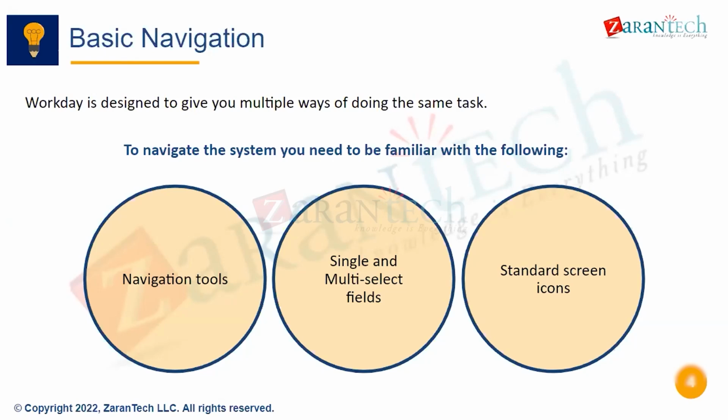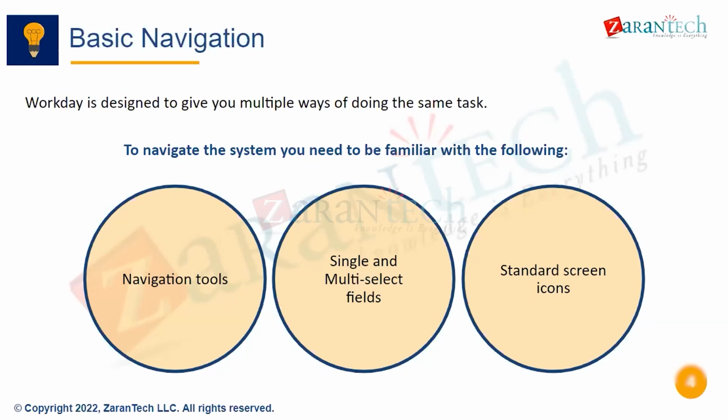Okay, so now in Workday, most of the time we use a name called task. What is task? For example, if you want to create a report, you give create custom report as an instruction to Workday. That instruction is called a task.